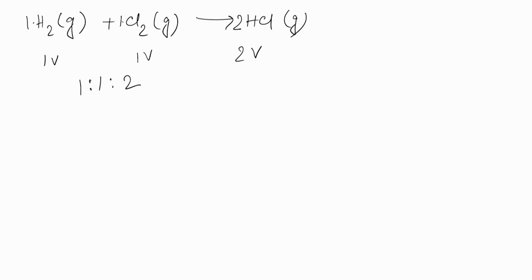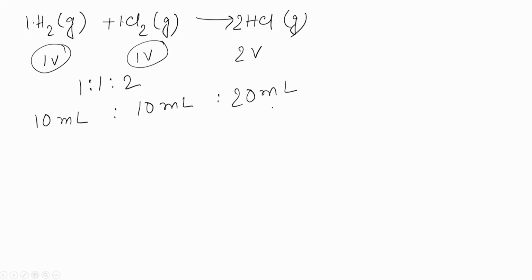Now, let's say we have taken 10 ml of hydrogen in this reaction. 10 ml of hydrogen will react with 10 ml of chlorine, because 1 volume and 1 volume, and it will form 2 volumes of HCl, that is, 20 ml of HCl will be formed.